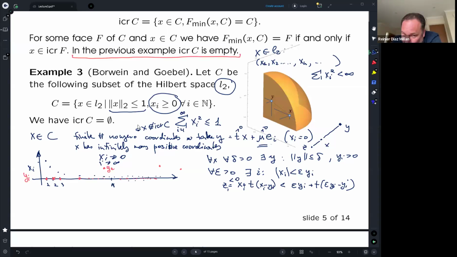Sorry, you will have a Banach space, but it will not be a Hilbert one. For this example it doesn't matter. The dual will not coincide with itself. The dual space of LP is LQ. Exactly. But for this example, it doesn't matter that it's a Hilbert space.